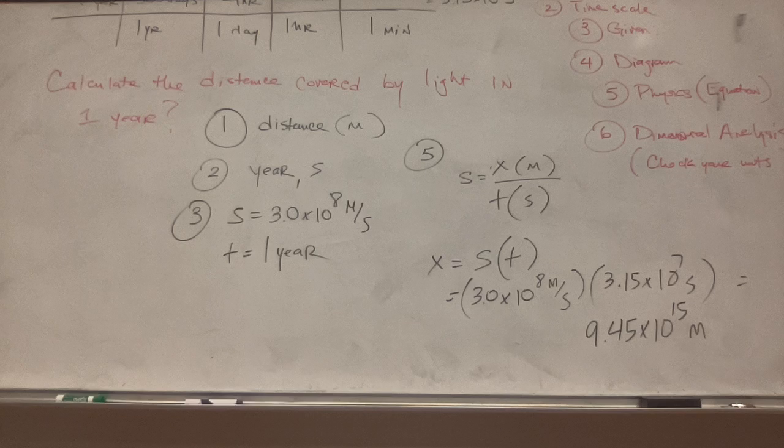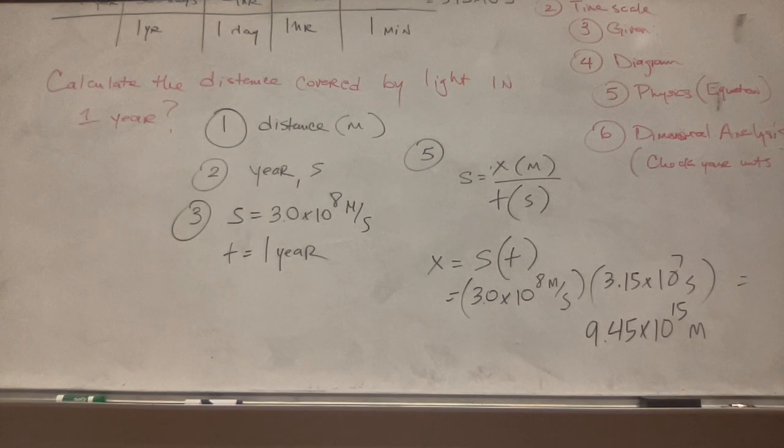So we're gonna multiply 9.45 times 10 to the 15th power? That's all one number, bro. This is scientific notation. You understand what scientific notation means? So this is all one number.